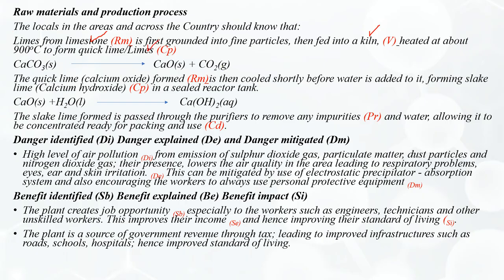That is a chemical process, and there's even an equation. We say that let's not forget our chemistry. Then quick lime, which is calcium oxide formed, is then cooled shortly before water is added to it, forming slaked lime.